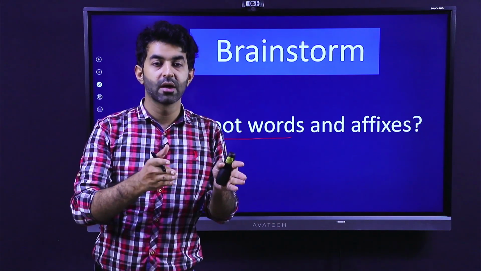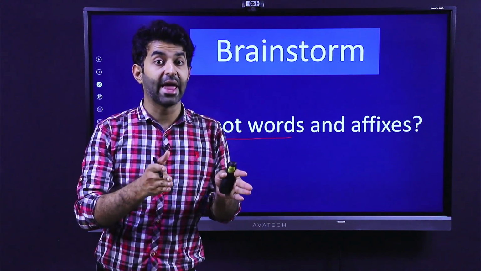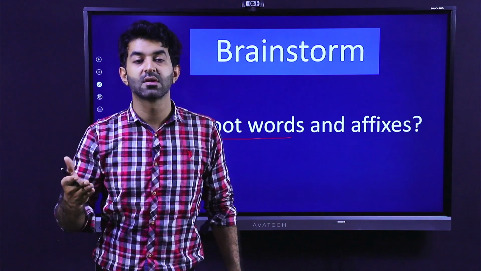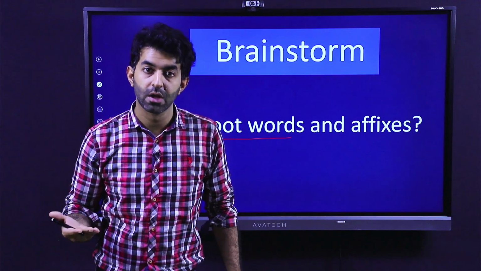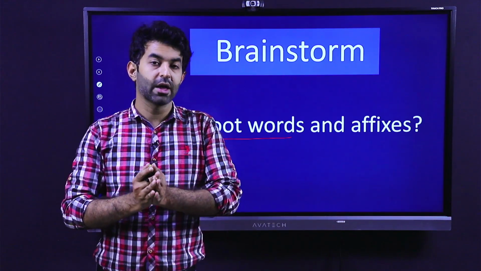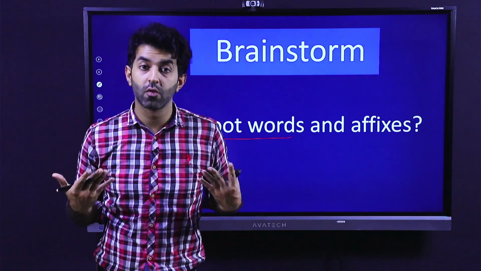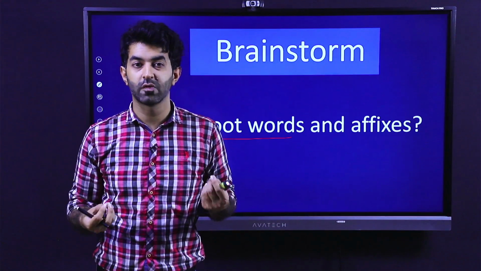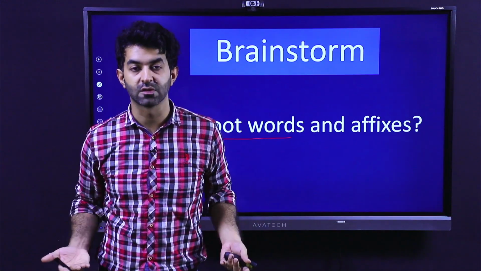So quick is actually an adjective, and quickly is a totally different part of speech. This is an adverb. So similarly, we can form so many different words using root word identification and then forming new words with affixes.